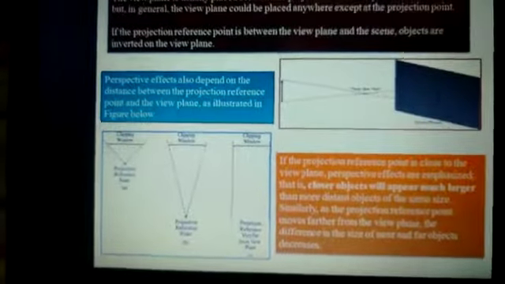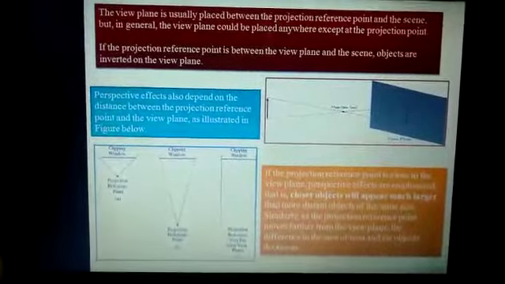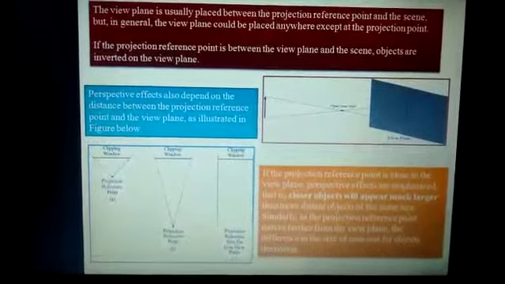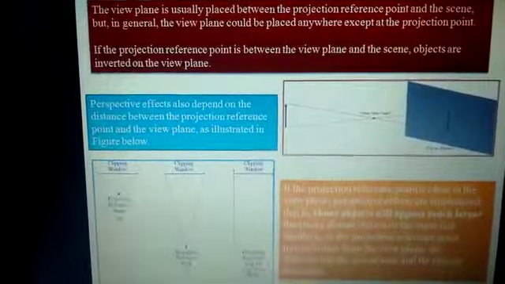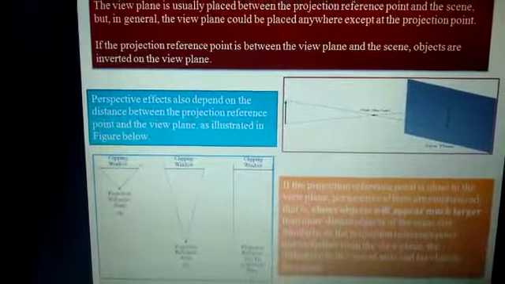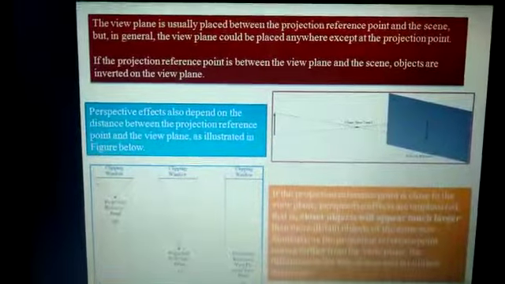We can have clipping windows and reference points anywhere, but we still get this perspective effect. So we can conclude that closer objects will appear much larger than more distant objects of the same size.